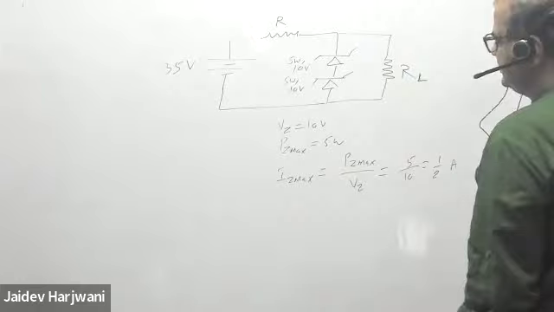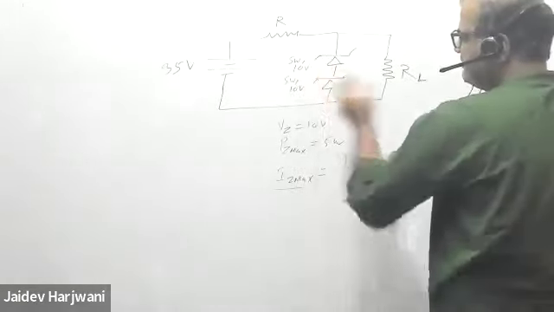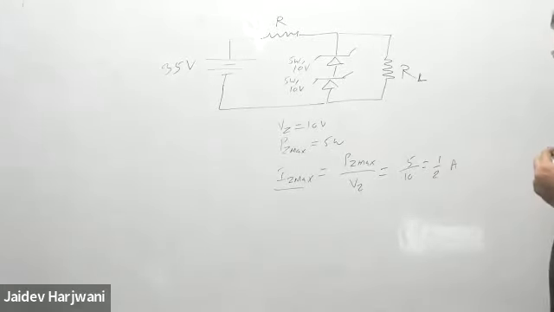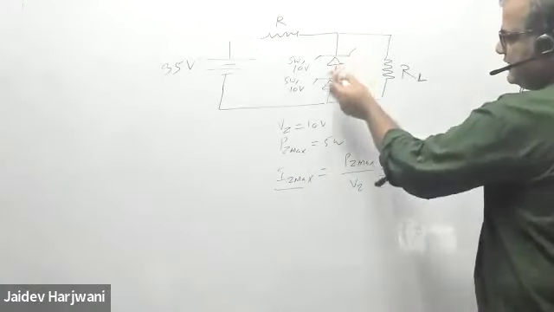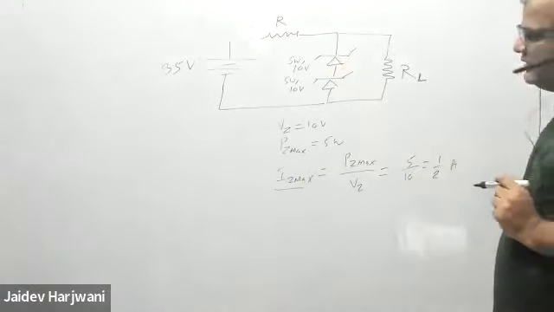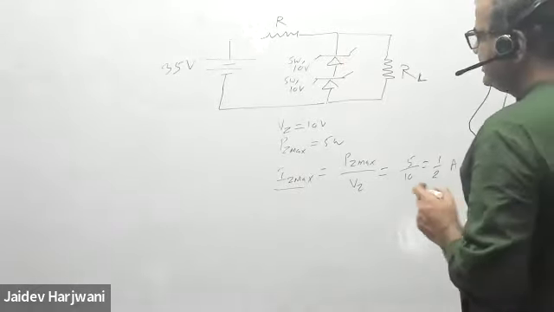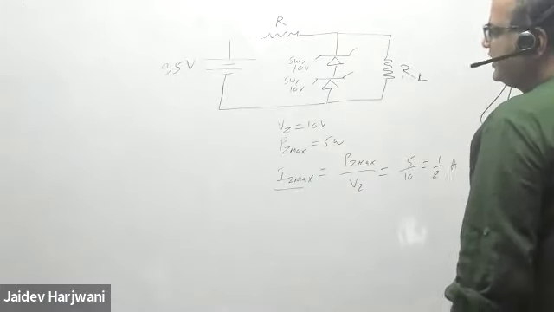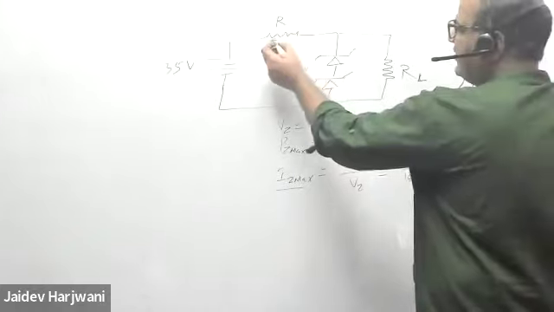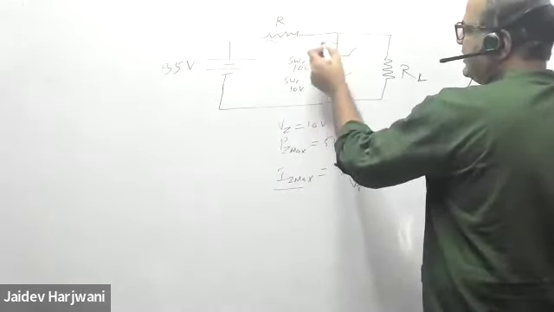Now I know the IZ max. This is the maximum current that can flow through the Zener diode. If the current goes more than this, this Zener diode will be destroyed. Now he's asking what is the value of R. Say some value R is there, the current IZ is flowing here, and the current IL is flowing here.